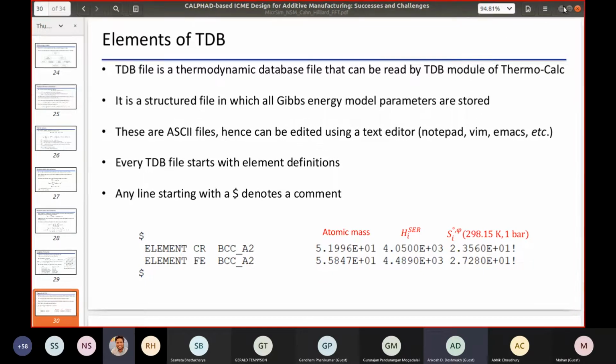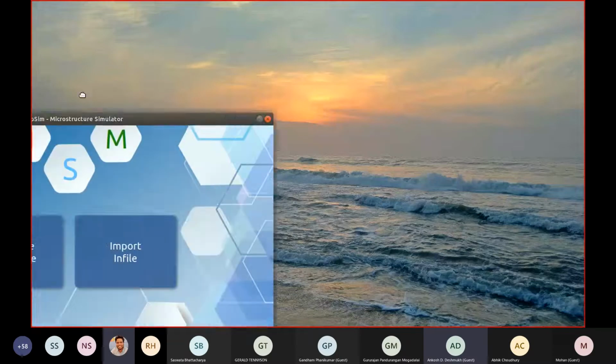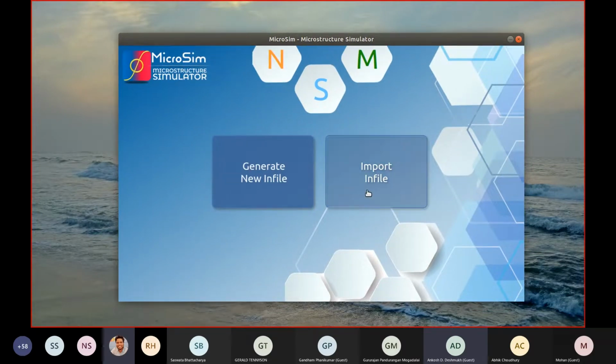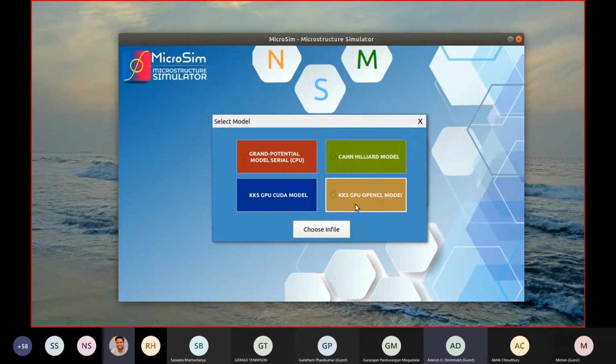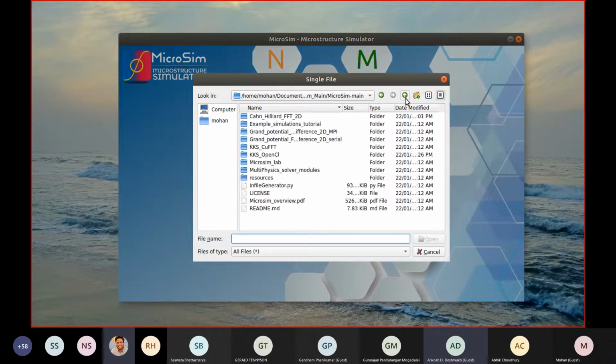So with this, I would like to open our MicroSim GUI module, and this time I am going to import the new file, and I will explain what things are present in the solver, what possibilities there are, and how this can be extended further. I'm going to choose an in file which is over here.